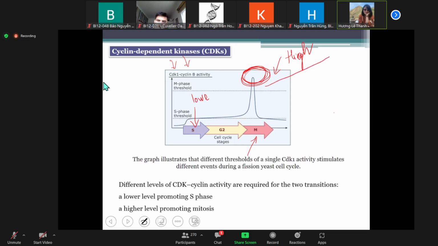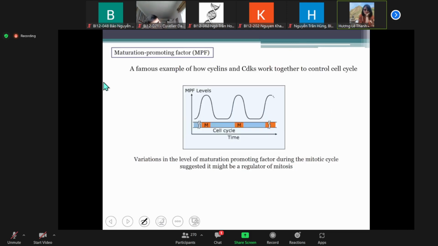This is how they work. Another name for the CDK and cyclin complex, it doesn't matter, is maturation promoting factor, MPF. They found that cyclin plus CDK is at high levels in the cell cytosol, and they call this the maturation promoting factor.